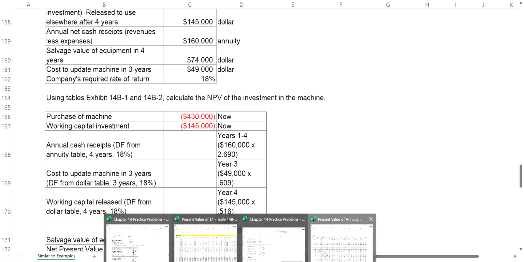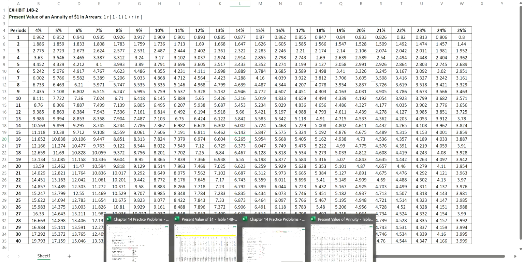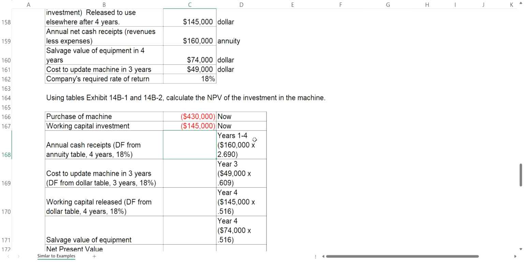So let's go ahead and bring that up. Annuity table, 4 years, at 18% is 2.690. Okay, so I'll take $160,000, my annual cash inflows, times 2.690, and that gives me $430,400.